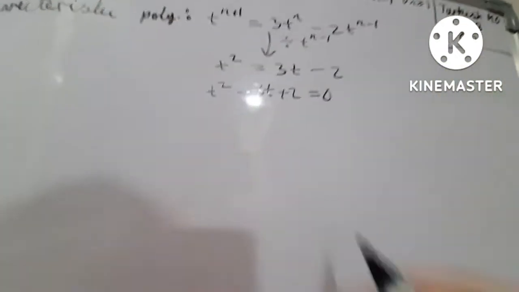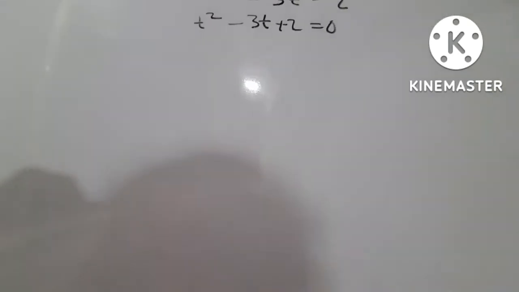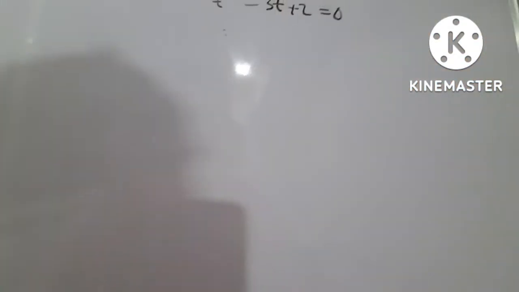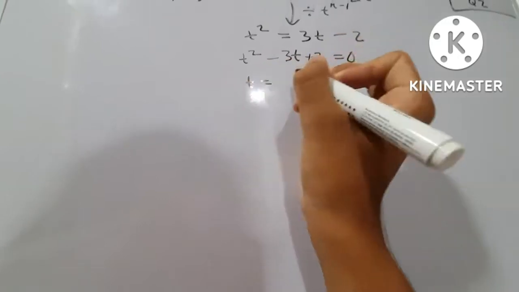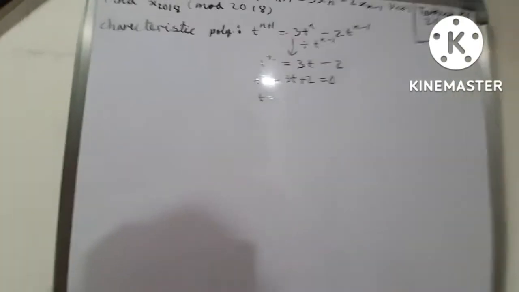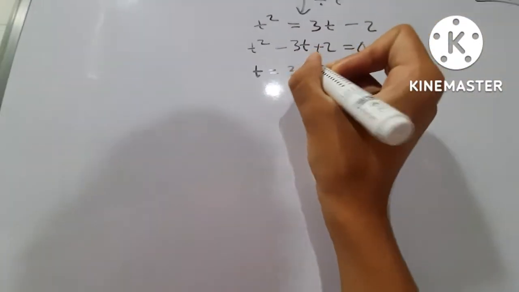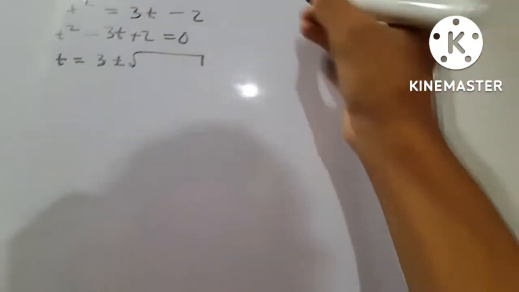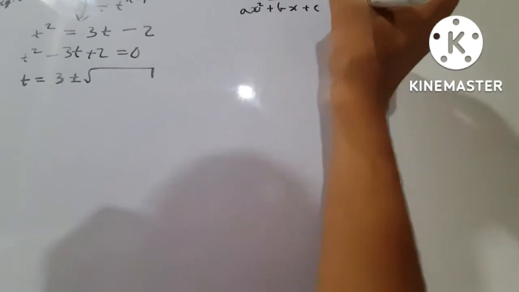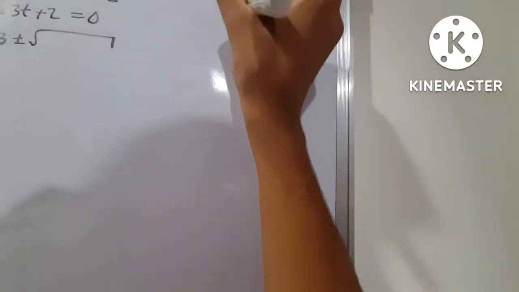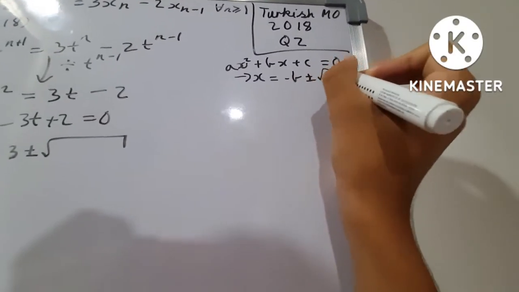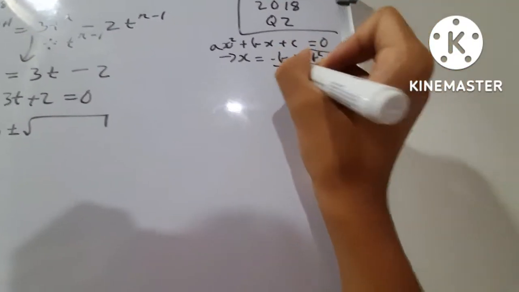From here we can quite easily factorize this polynomial, or maybe we'll use the quadratic formula. Why not? We were going to use official methods. For ax squared plus bx plus c equals 0, x is equal to minus b plus or minus the square root of b squared minus 4ac, over 2a.